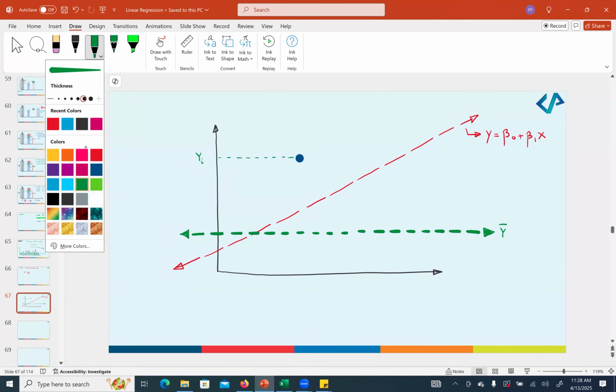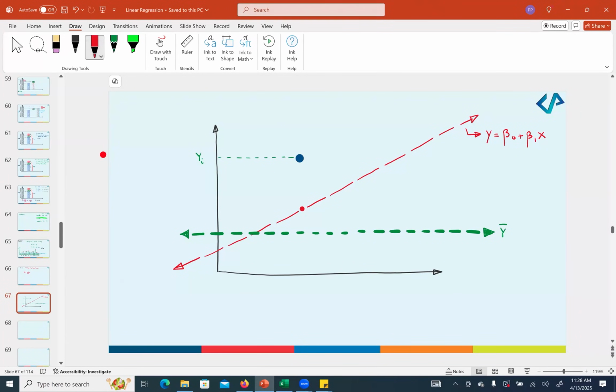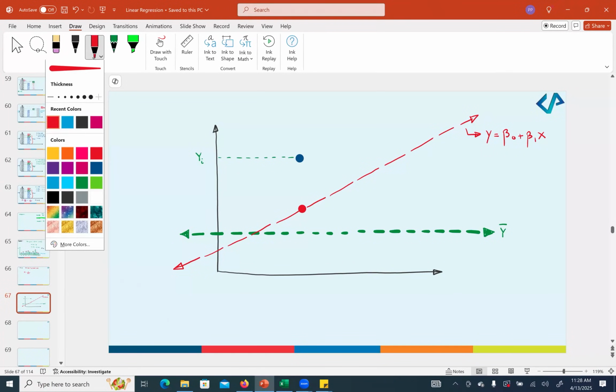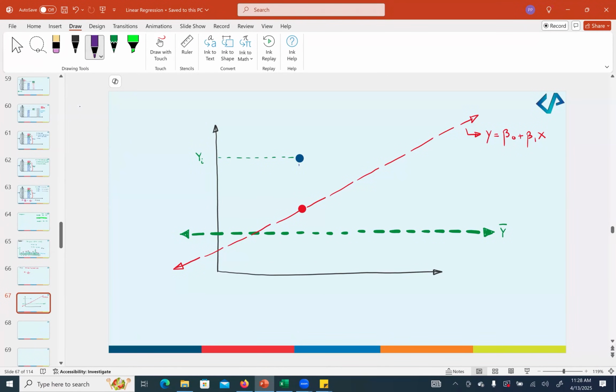My predicted value will be just below this, here. For a given xi, this is what my predicted value is.